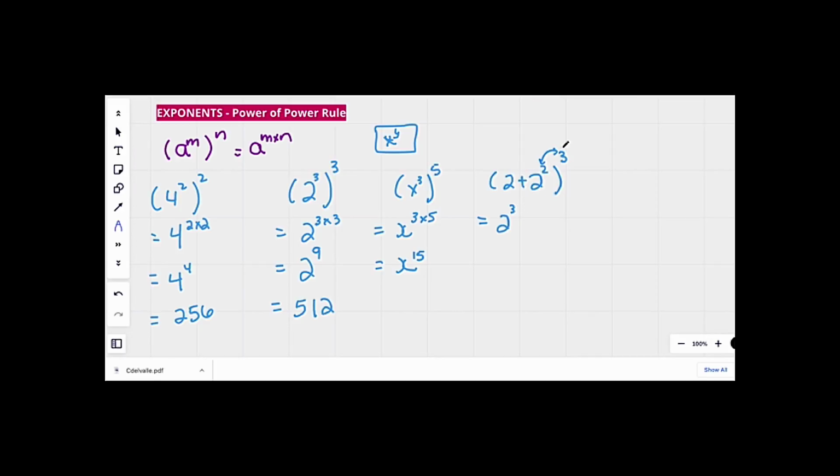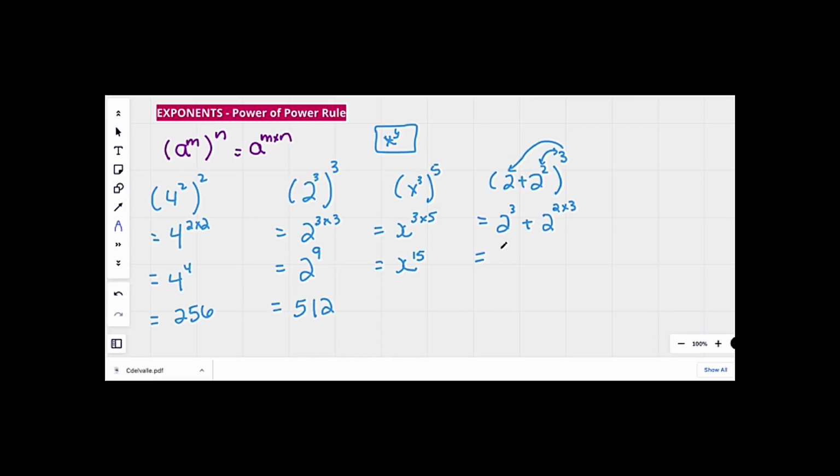So technically this is coming onto this one right here, and it becomes 2 to the power of 3. But when it comes to the other side, because this other 2 already has an exponent, then we have to follow the power rule. So the 2 stays the same, and we're going to multiply those two exponents. So notice that we're only doing it on that second number because it's the only number that already had an exponent.